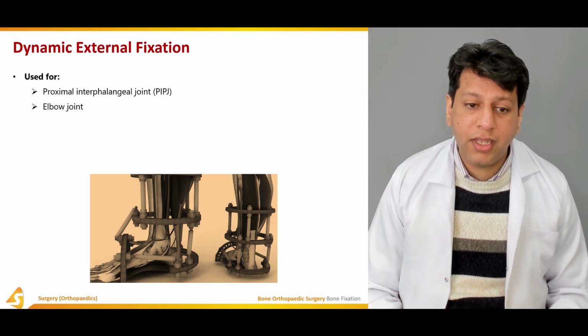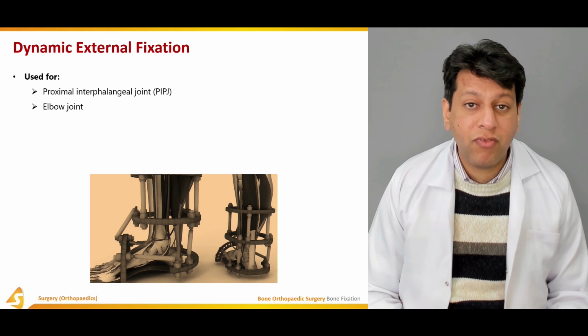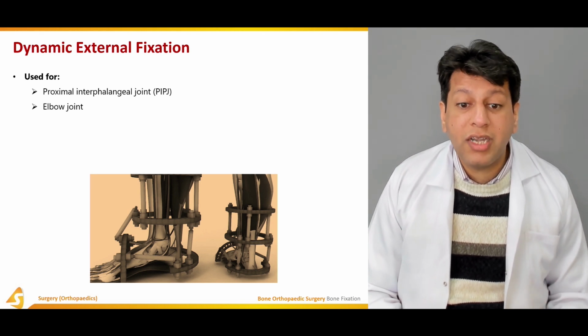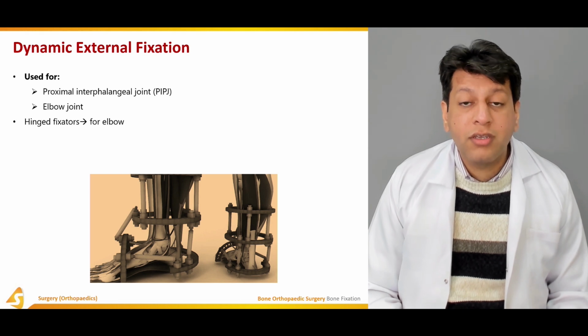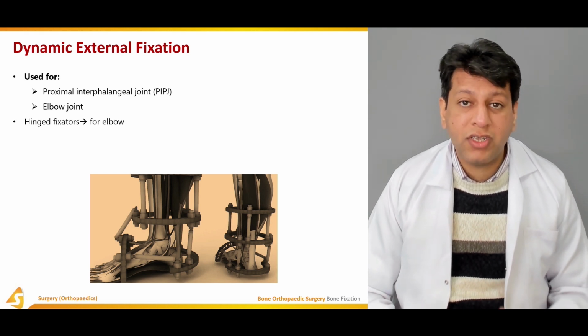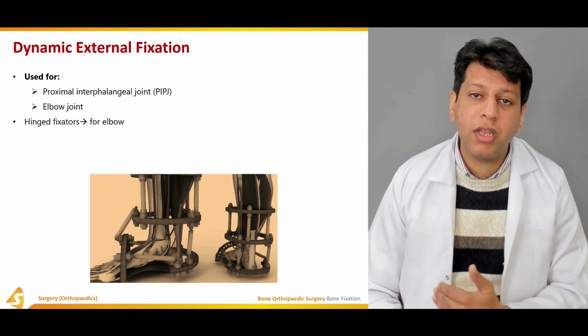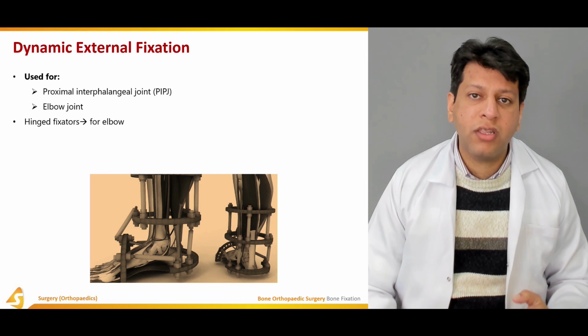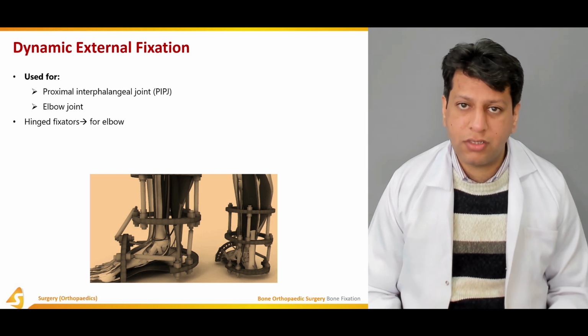For example, they allow movement of the proximal interphalangeal joint and the elbow joint. There are hinge fixators for the elbow joint, which help to stabilize the humerus as well as the radius, but also allow movement of the elbow joint so that soft tissue contractures are not formed.